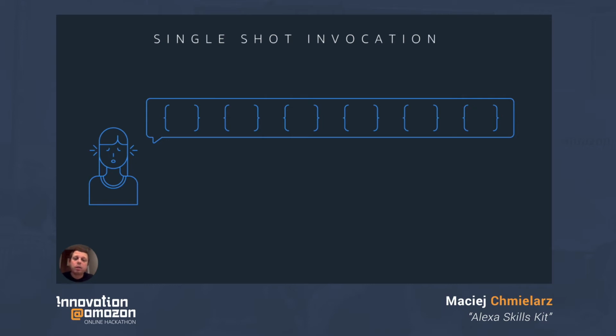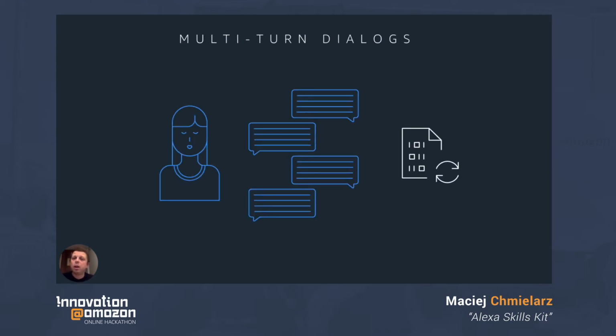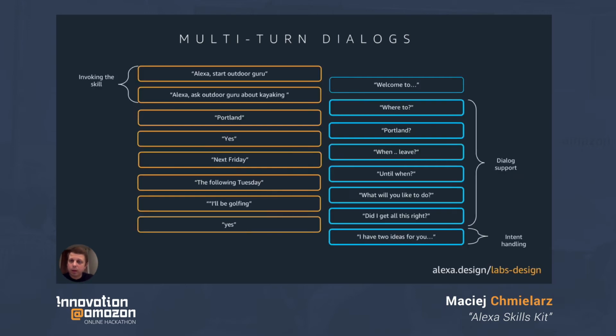But fortunately, there is a solution for this problem, and the solution is multi-turn dialogue. The user can talk to Alexa, have a conversation with Alexa, providing information one piece at a time. And I have an example here as well.